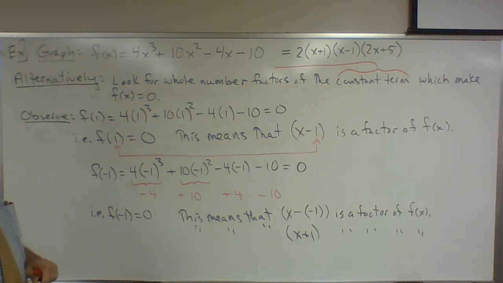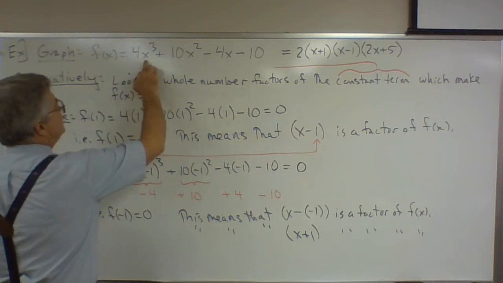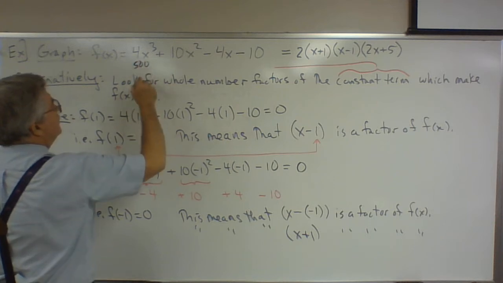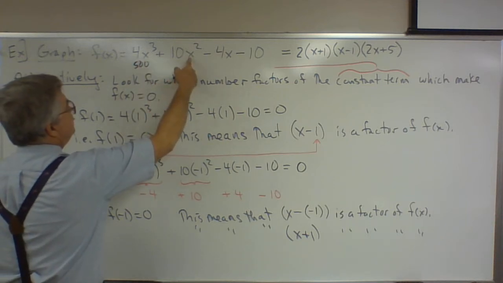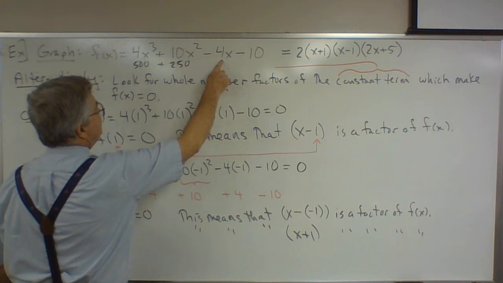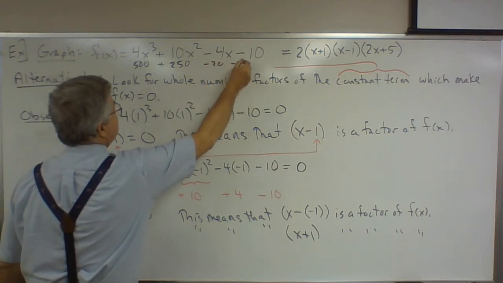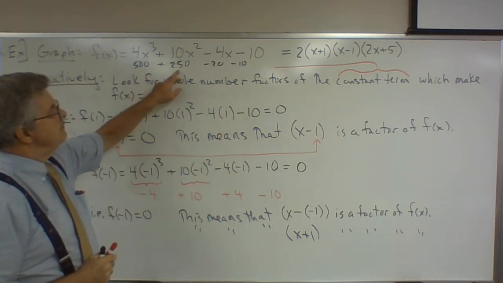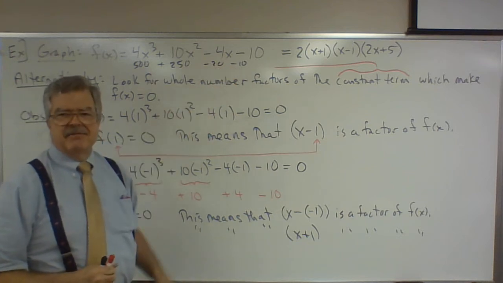And oh my goodness, if we plug in 5, we get some really big numbers. 5 cubed is 125 times 4 is 500. 5 squared is 25 times 10 is 250. 5 times negative 4 is negative 20 minus 10. We plug in 5, we get 750 minus 30 is 720.